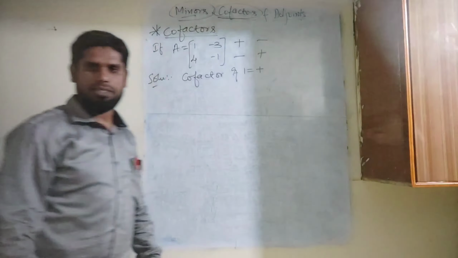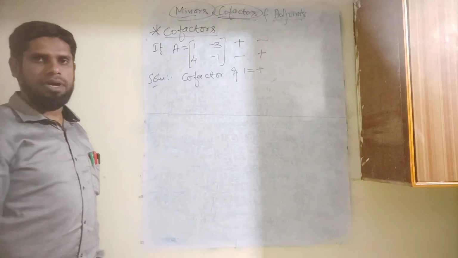Its hidden sign is plus, because as I said, if you multiply the hidden sign to the minor of the element, we will get the cofactor. Now we will take the minor. Eliminate the row and column, and what is left out is -1. So the final cofactor for this 1 is plus into minus, it's -1.